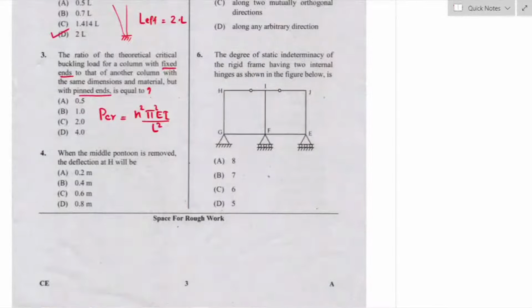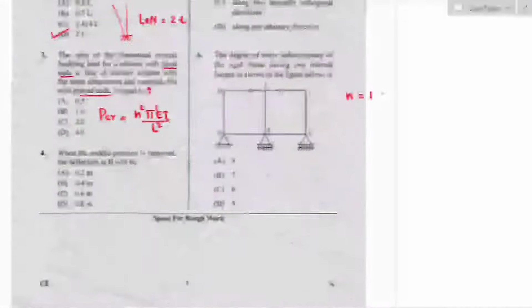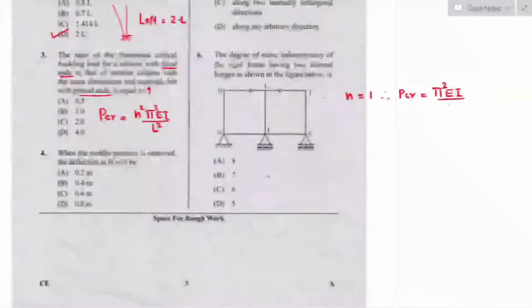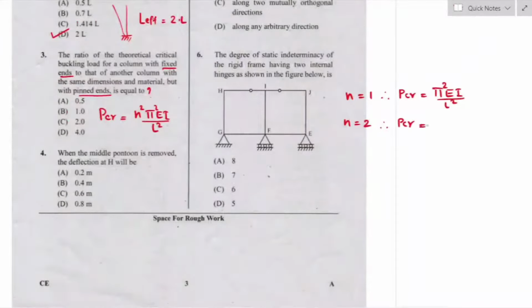So when the columns are hinged, n is equal to 1. Therefore buckling load will be pi square EI by L square. When both ends of the column are fixed, n is equal to 2. Therefore buckling load will be 2 square, which is nothing but 4 pi square EI by L square. So we have to find the ratio between these two end conditions.